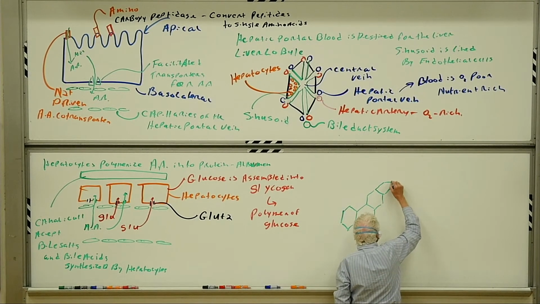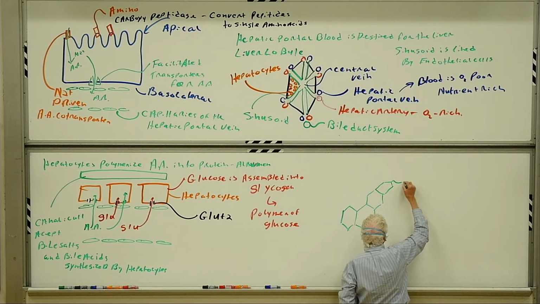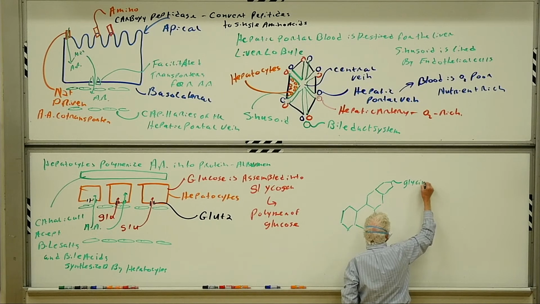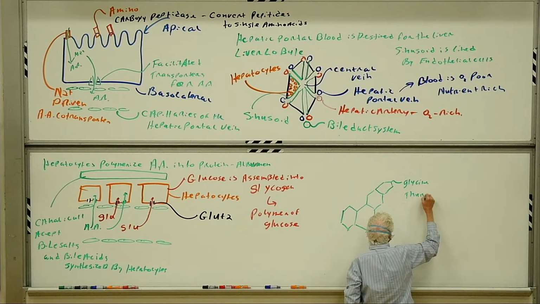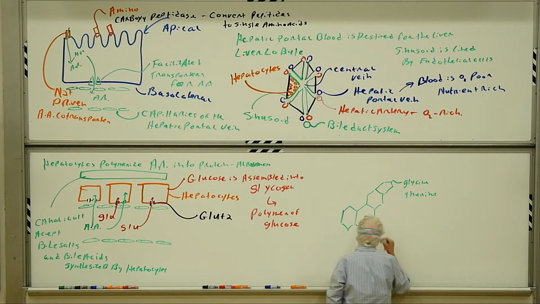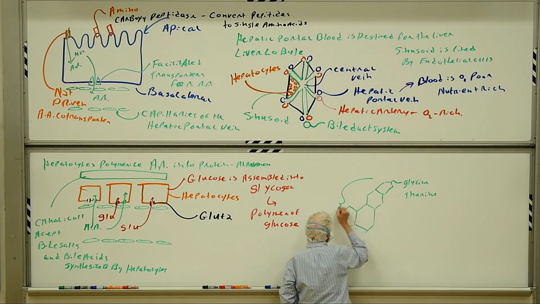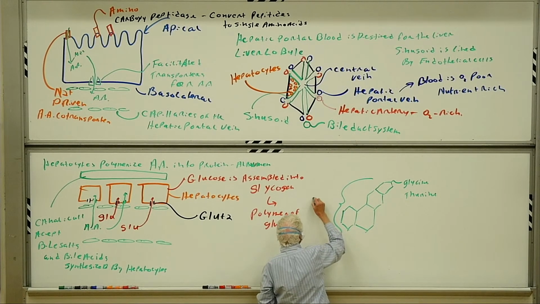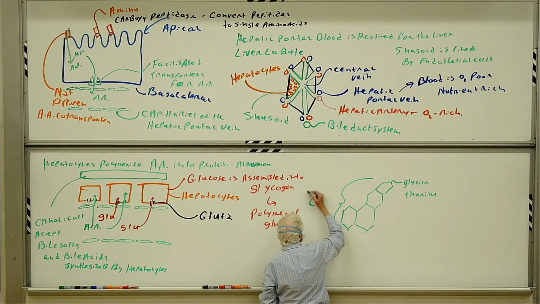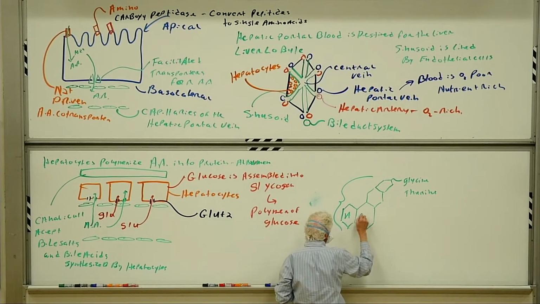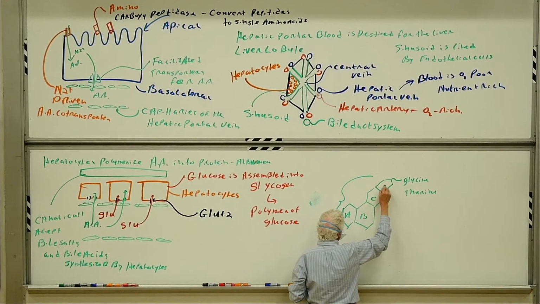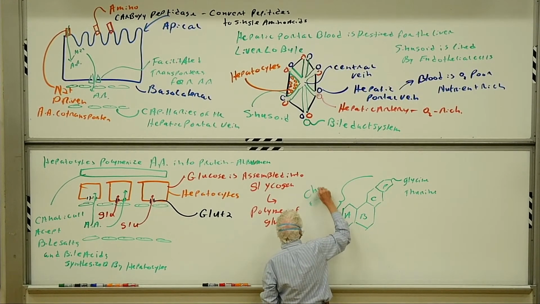And out on this region out here, we can put glycine or taurine. You may recognize that this portion of the molecule is in fact composed of the A, B, C, and D rings of cholesterol.